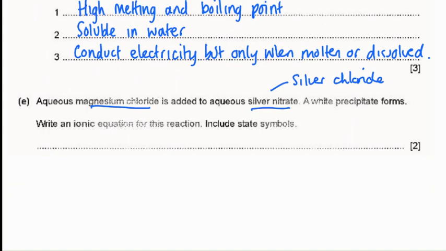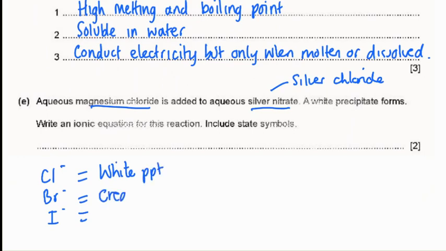This we remember from our chemical tests because silver nitrate is the chemical test for all of the halogens, chloride, bromide, and iodide. As we go down the group, the colors get darker. So we've got a white precipitate for chloride, a cream precipitate for bromide, and a yellow precipitate for iodide.